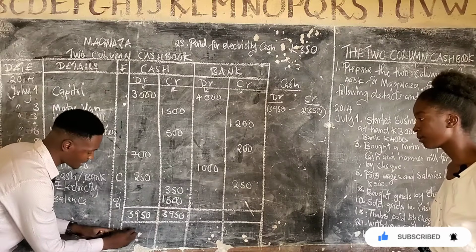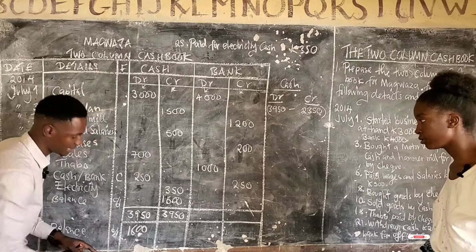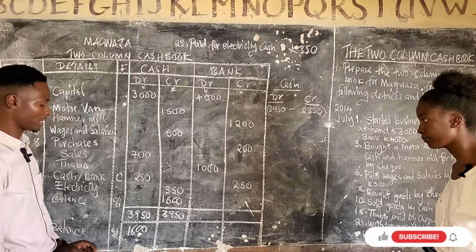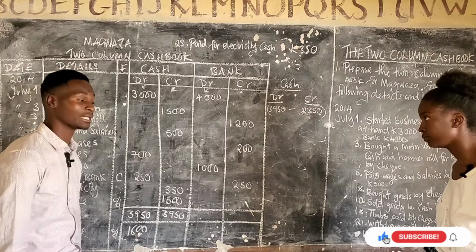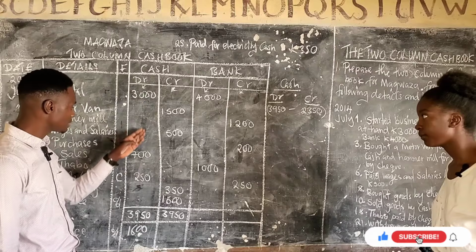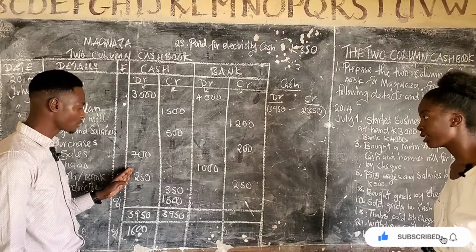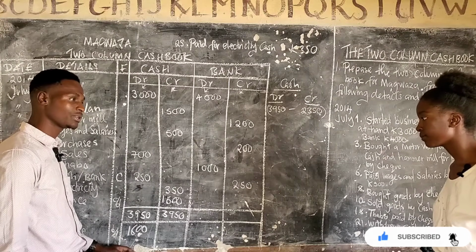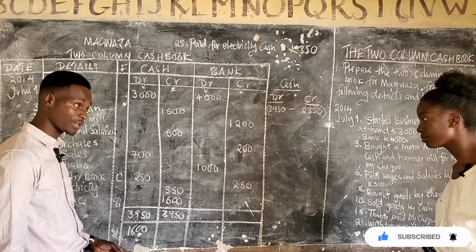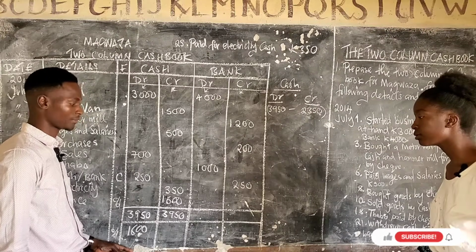This amount, 1,600. Now we can say this is balanced. Even on the balance brought down, that's where you put your difference.